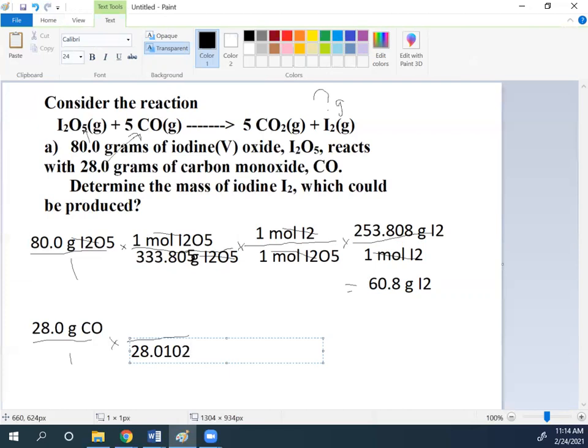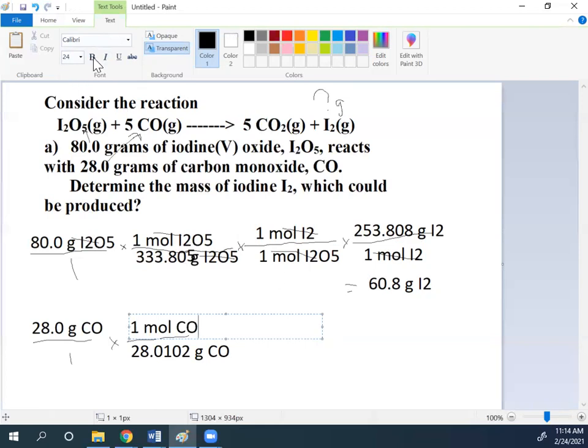And grams CO. That's the molar mass. And on the top of that fraction is going to be what? Zariah Chapel. 1. I need more information there. 1 mole CO.